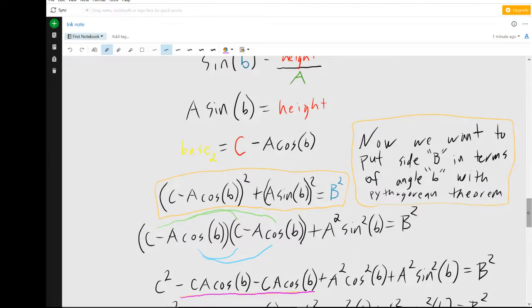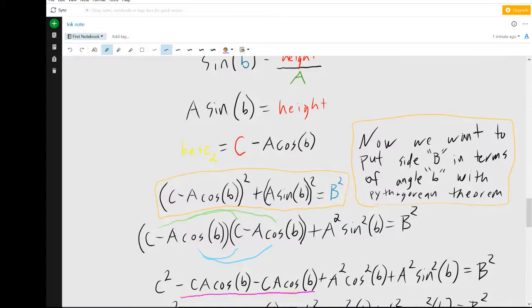So c minus a cosine b all squared, right? Actually, as I said earlier, let's not use the general terminology a squared plus b squared equals c squared. We can use base squared plus height squared equals hypotenuse squared. We got our base squared, and the height does not change regardless of which sub-triangle we're looking at of the whole.